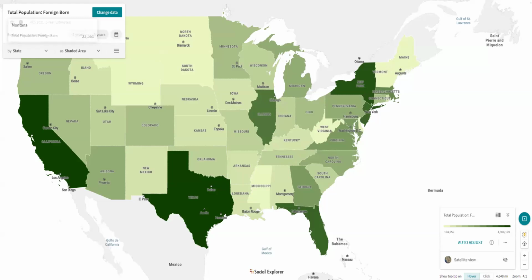Immigrants are settling in these states because it's the most populated and most popular place to move into. I used 5 years apart by state, and I used shaded areas to demonstrate which location is highly populated.